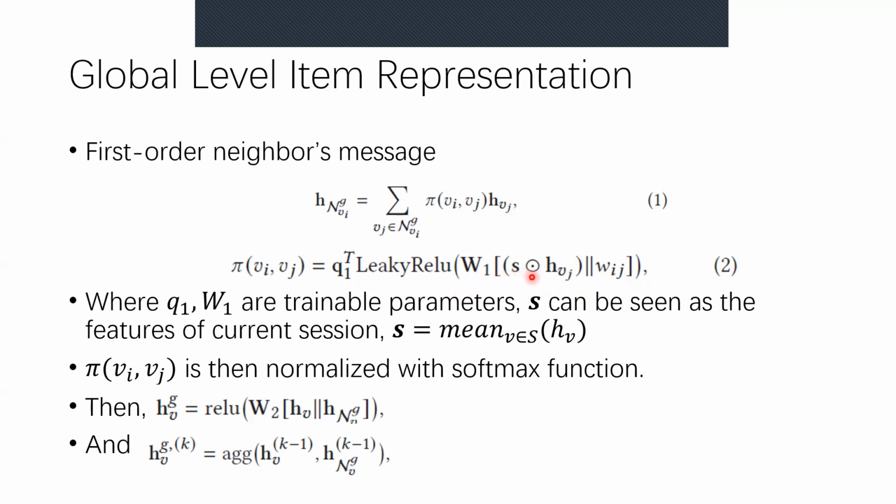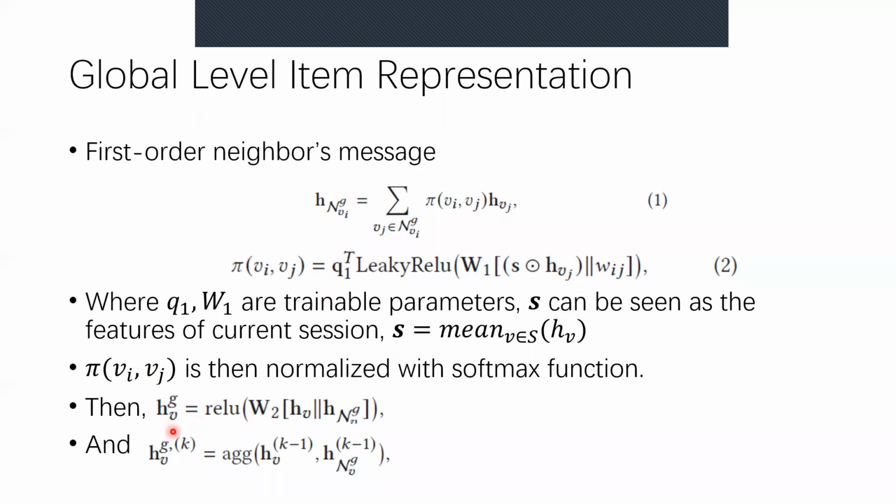And here, hVj is the current input embedding for Vj, and Wij is the weight between Vi and Vj. And here s can be seen as the features of the current session, defined as the mean of all the item embeddings in the session. Then pi is normalized with a softmax function. This is to update the neighbor information.